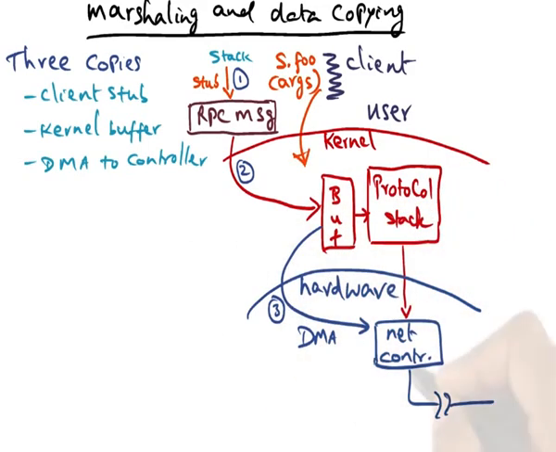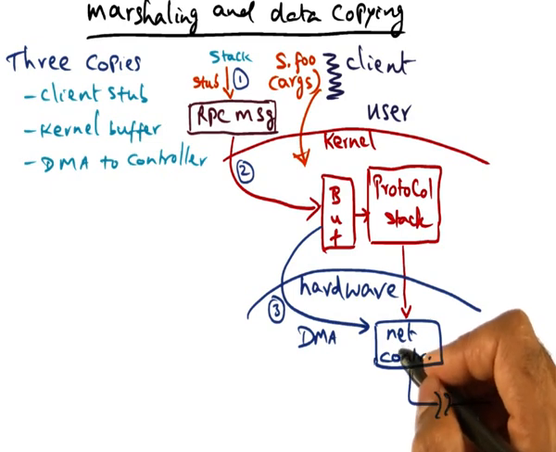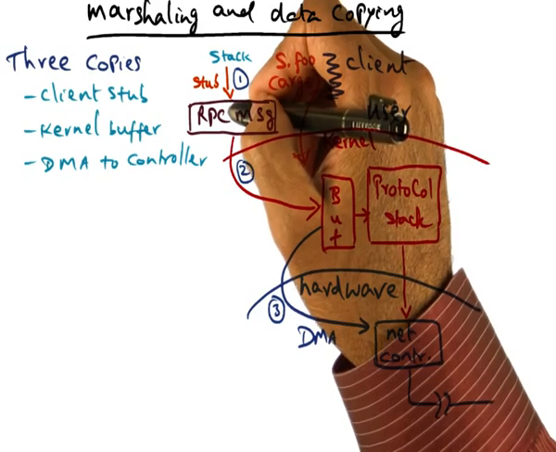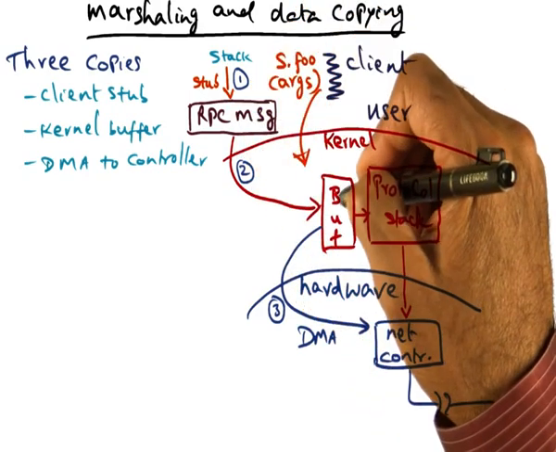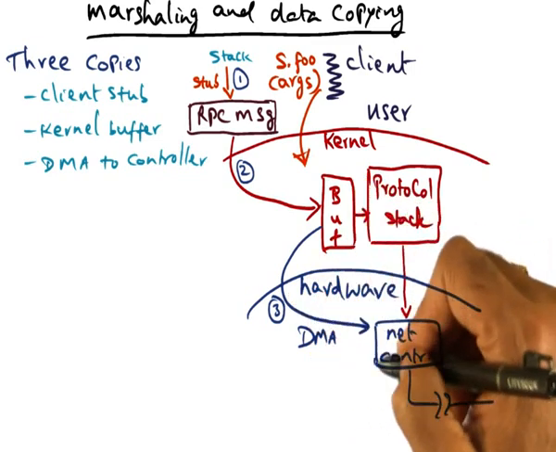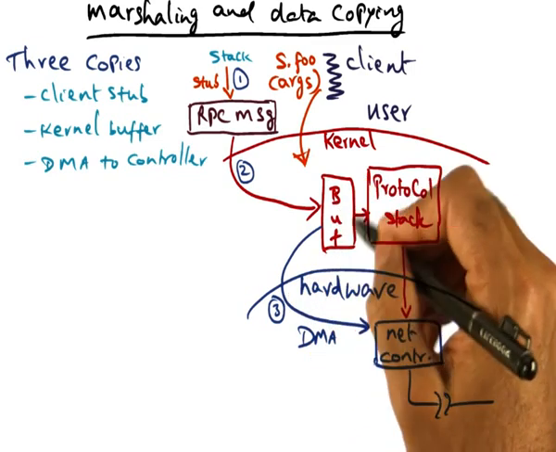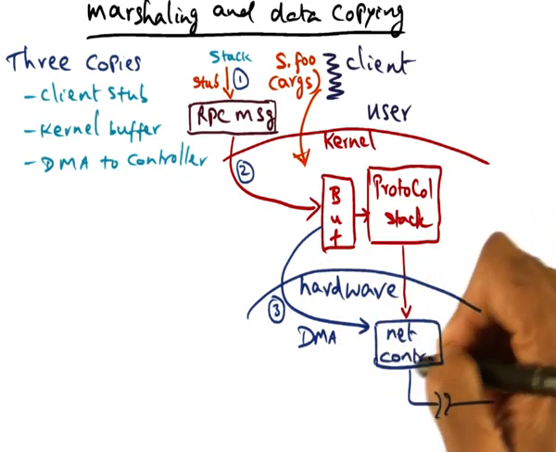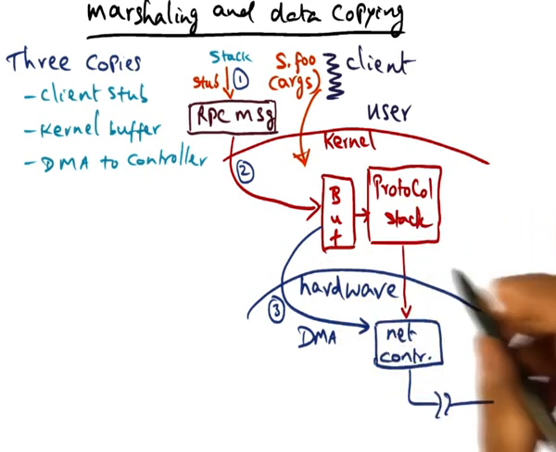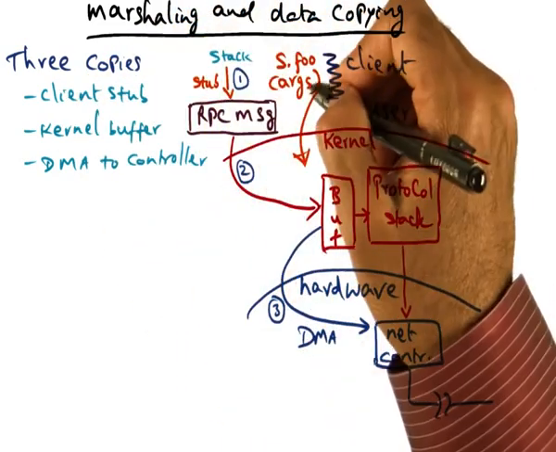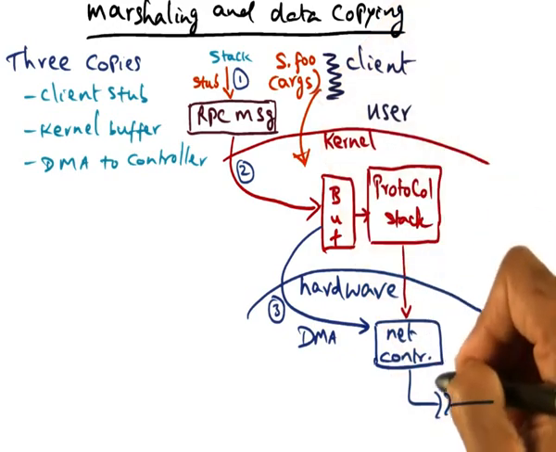This movement is being orchestrated by the hardware to move the RPC message from the kernel buffer into the internal buffer of the network controller so that it can then get out on the wire. So those are the three copies involved in marshalling the arguments of the call before it can be put out on the wire.